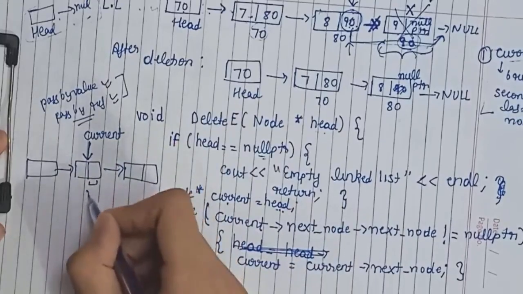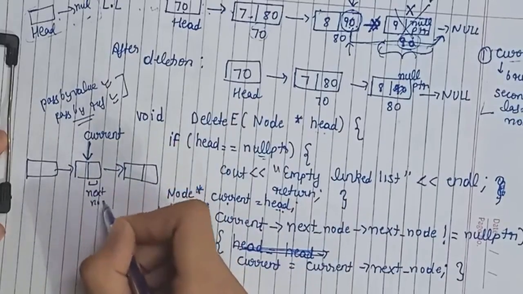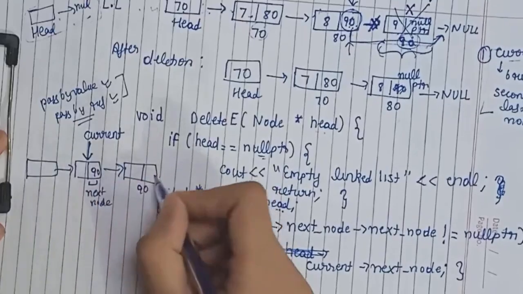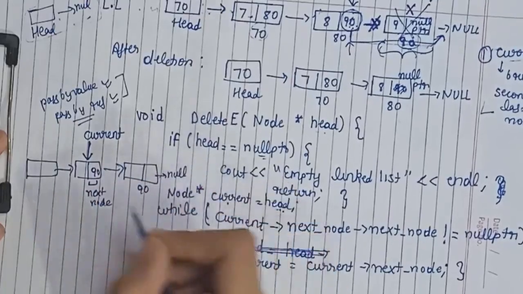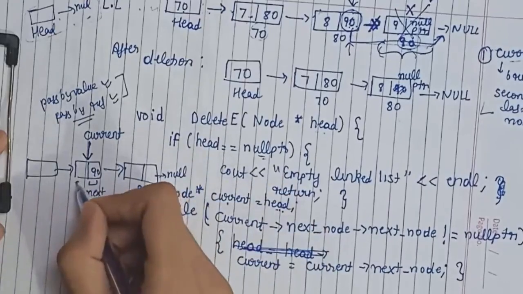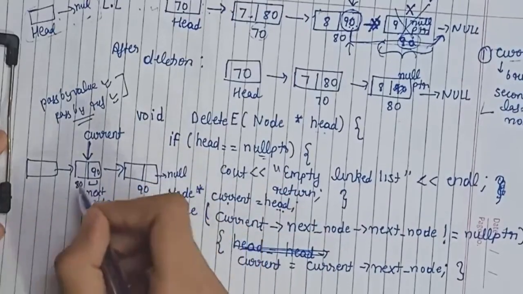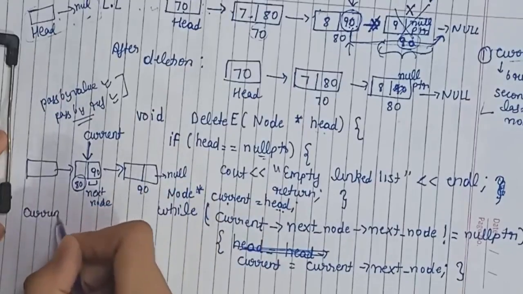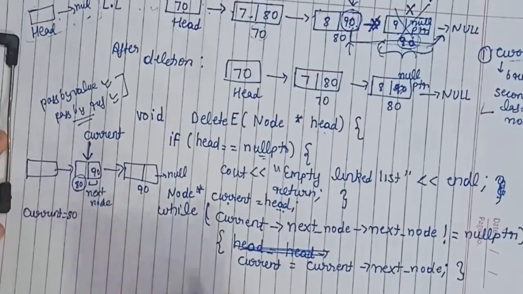This is the next node. Let's say it is storing the address 90, and it is storing the null pointer. The address of this node is 80. So here we know that the current pointer is storing the address 80.